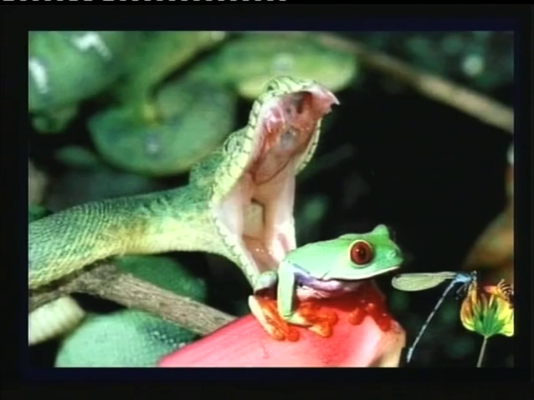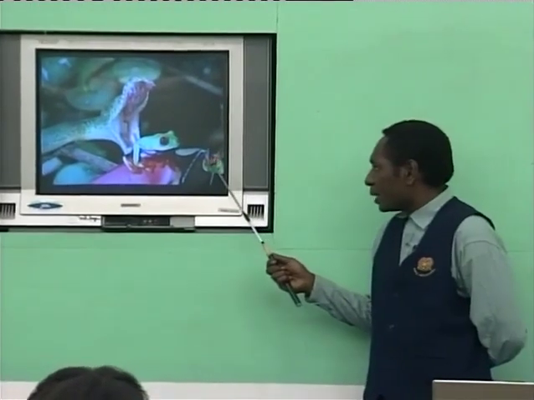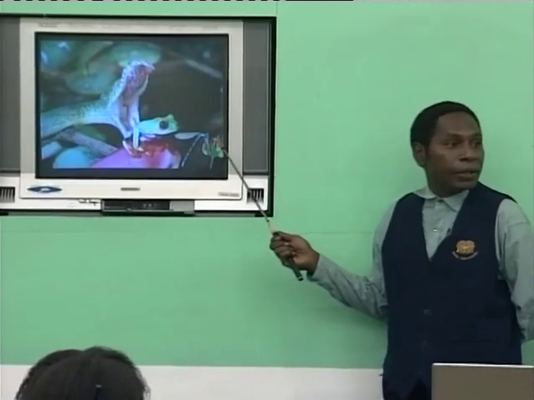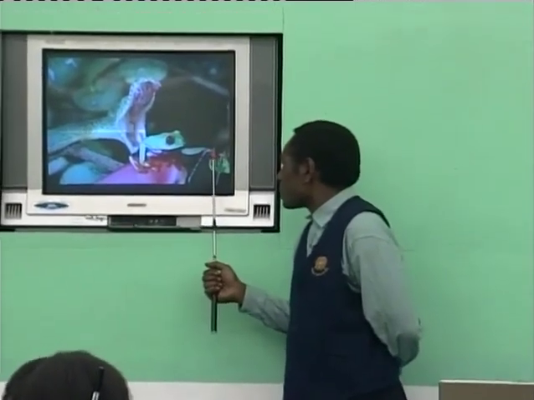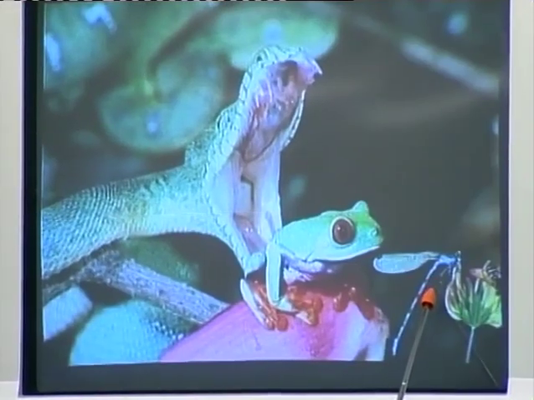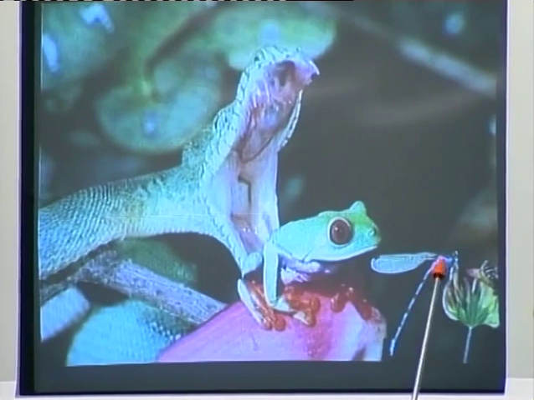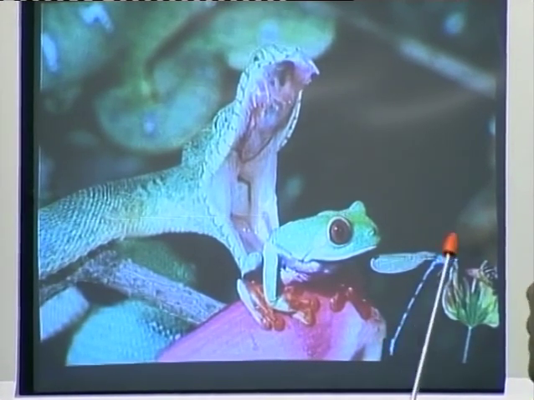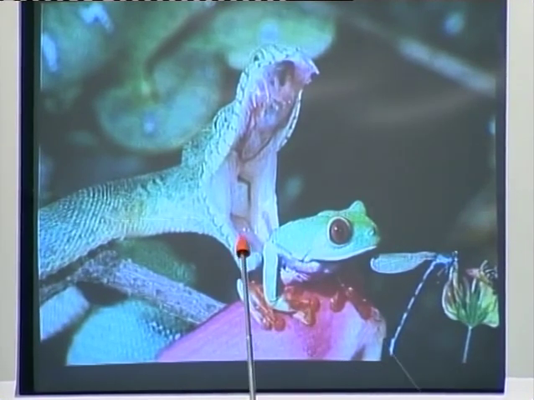Now, the food chain is starting where the dragonfly gets probably a small bit of insect on the flower which was drinking the nectar, and it is eaten by the dragonfly, which is then eaten by the frog, and the frog is finally eaten by the snake.